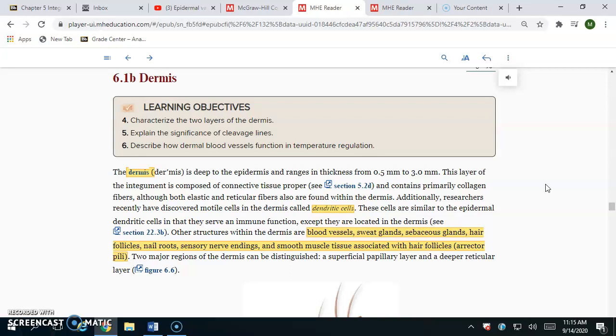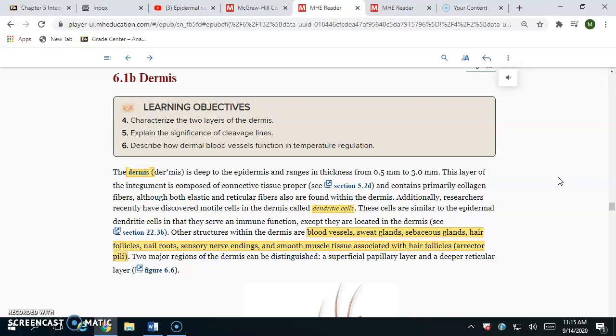Now we also have something called a dendritic cell. This is something we haven't talked about yet. The dendritic cell is a cell that is part of the immune system. That cell is there in case something is able to get through the skin, usually through some sort of break in the skin, like a cut.